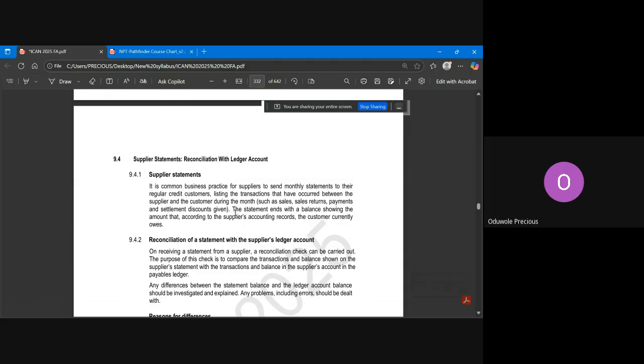But before we go to that, see the transactions recorded between supplier and customer: credit sales, payments and settlement discount given. The statement ends with a balance showing the amount, according to the supplier's account records, that the customer currently owes the supplier.